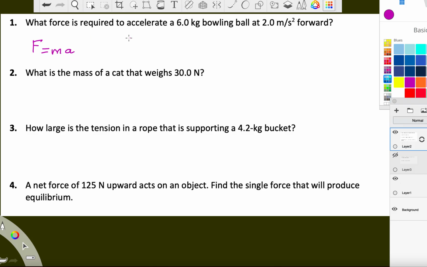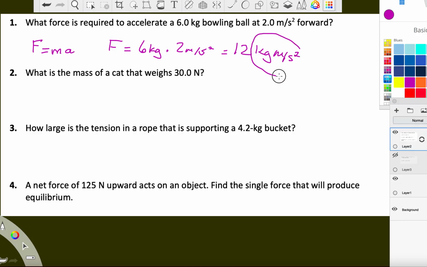So if I want to know what force is required to accelerate this object, I would just multiply my 6 kg times 2 meters a second squared, and the force required would be 12 kilogram meters a second squared. But this is just the units that go into force. We just call it 12 newtons, right? Newton is the unit for force.